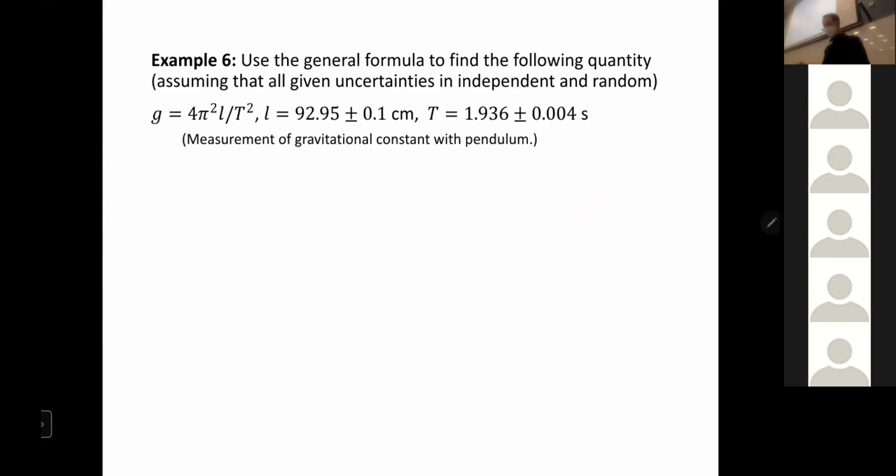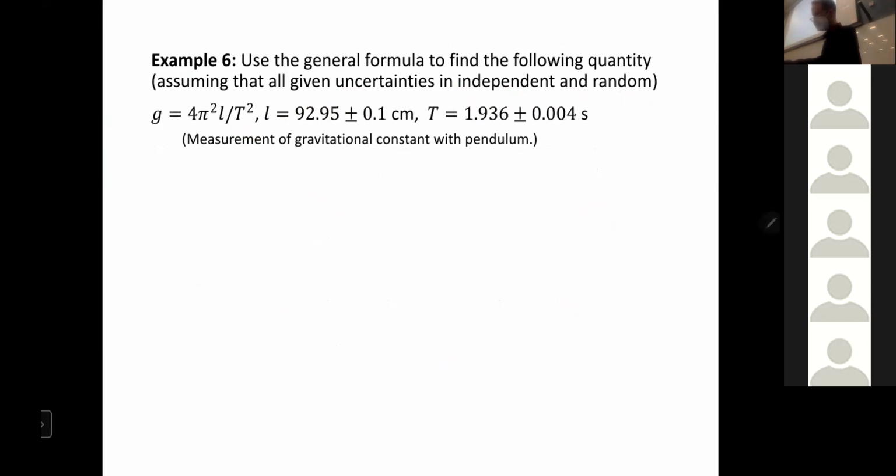Okay, so in the next example, we're going to use the general formula to find this gravitational constant and its uncertainty. In order to apply this formula, the assumption is that the given uncertainties are independent and random.